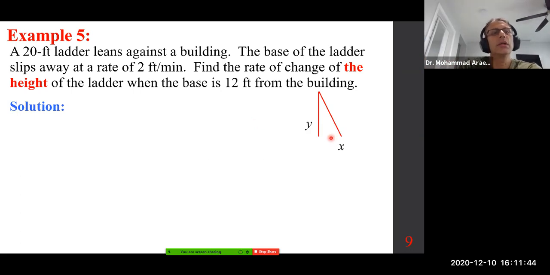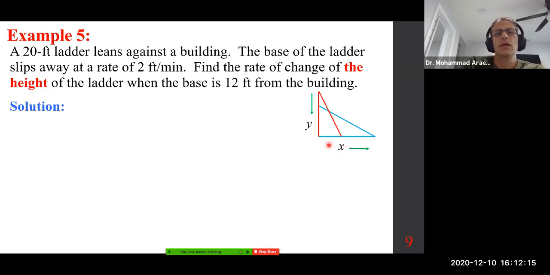A 20-foot ladder leans against the building. That's how it looks. The base slips away. So X represents the base. It's going to go this way. That means Y is going to come down. As it goes this way, it creates the rate of 2 feet per minute. So as it slips this way, it's coming down like this.